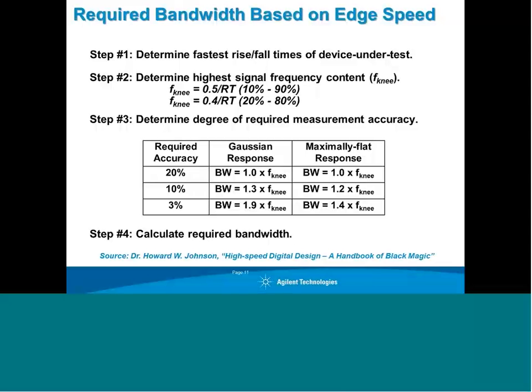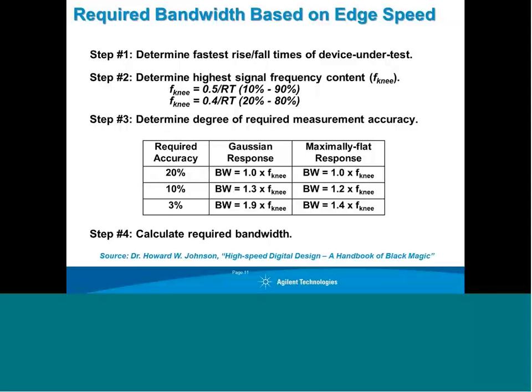That's the maximum practical frequency within that signal, based purely on the rise time of the signal, not on the clock rate. Once you know the knee frequency, or what you might call the maximum practical frequency, you can determine what bandwidth you require to make accurate measurements. Now, it depends on how much accuracy.